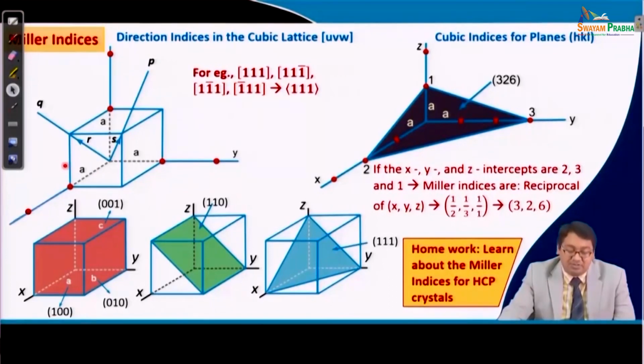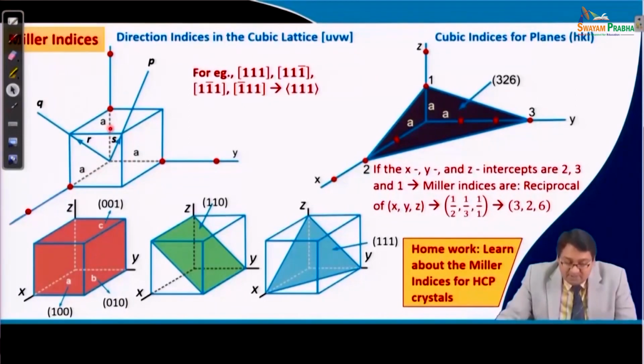So, it becomes 1 0 0. On the other hand, the Miller indices for the y direction, where it coincides with the y, but it is away from the x and z both, and therefore, it is not coinciding anywhere in the x and z, and therefore, it becomes 0 1 0. On the other hand, the z direction becomes 0 0 1.